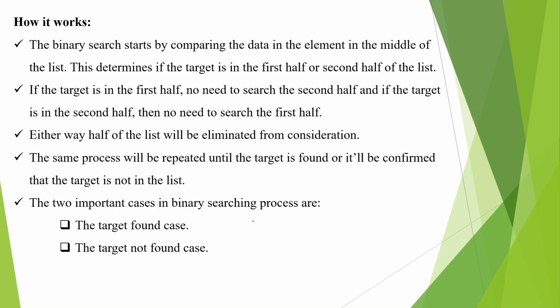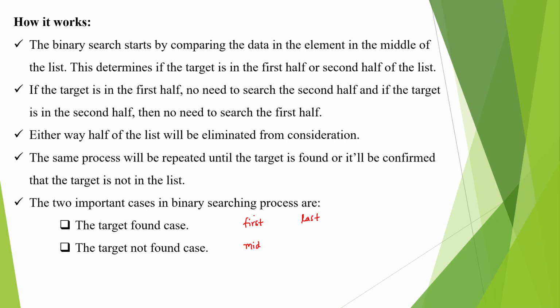What we do is, we know the starting index that we call first, and we know the last index that we call last, and we calculate mid. These three are variables.